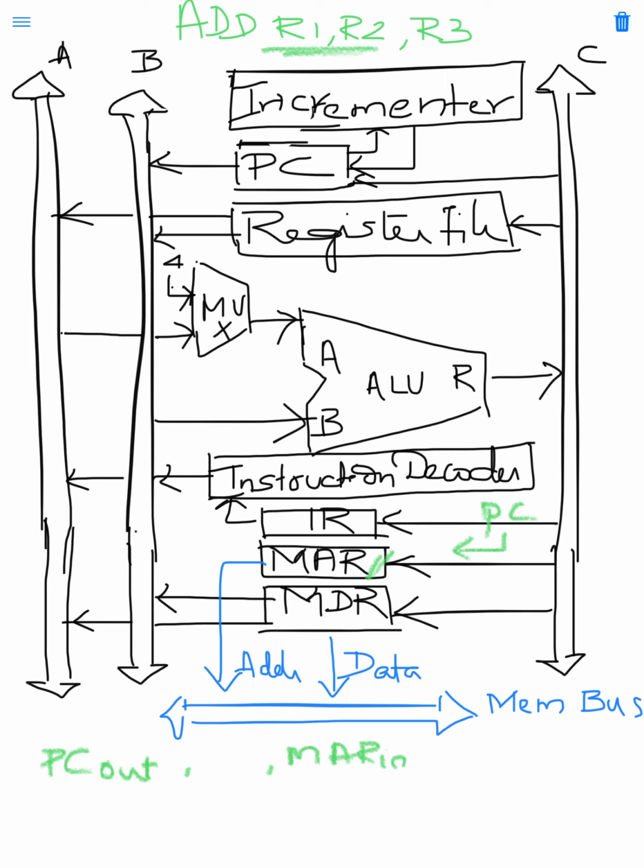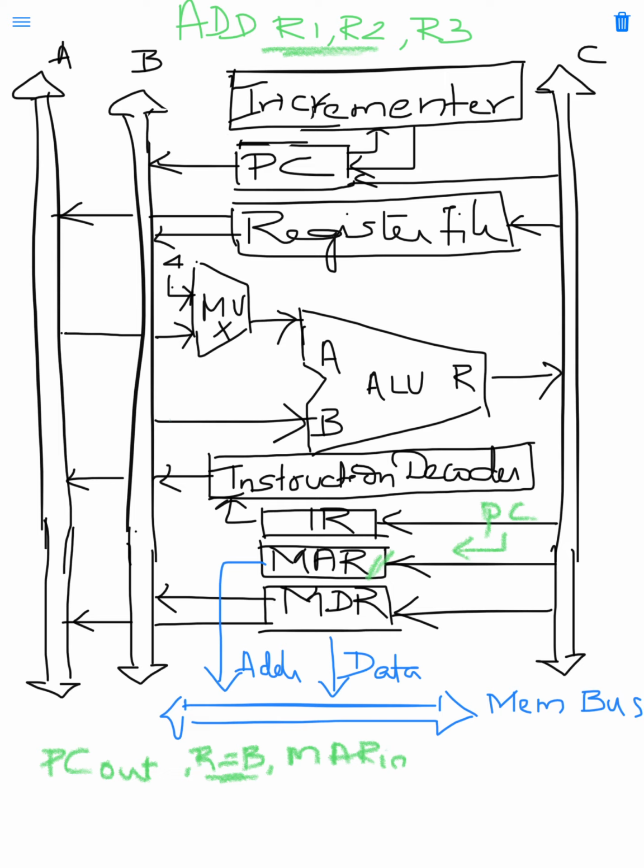Together with that, in order to transfer from PC out to MAR in, you need to enable the R equal to B control signal. It is a control signal initiated to transfer from bus B to bus C via this ALU without performing any operation on the data taken from bus B.